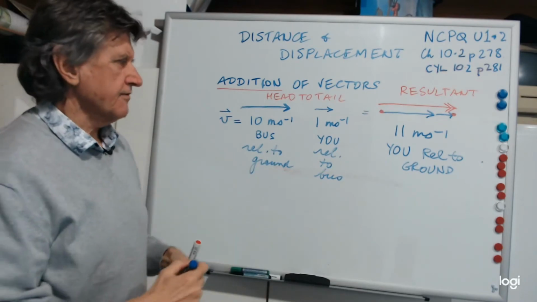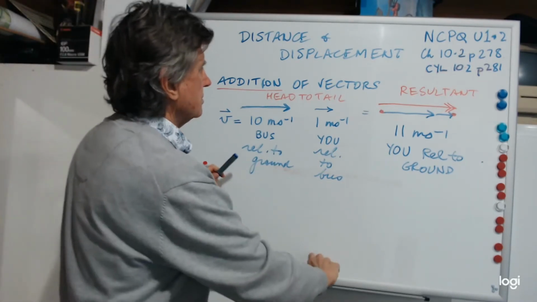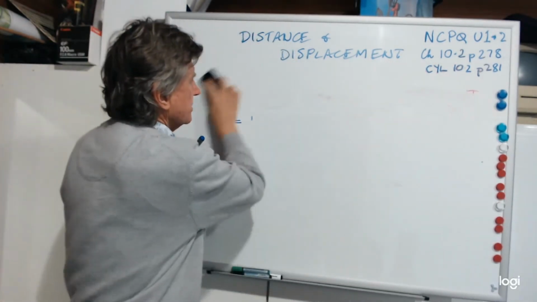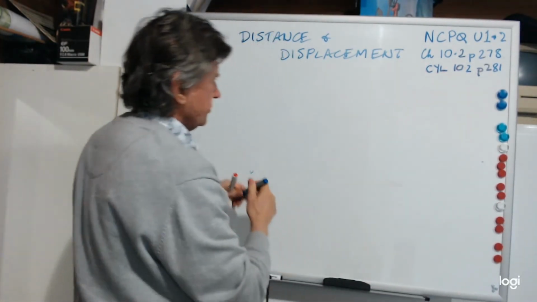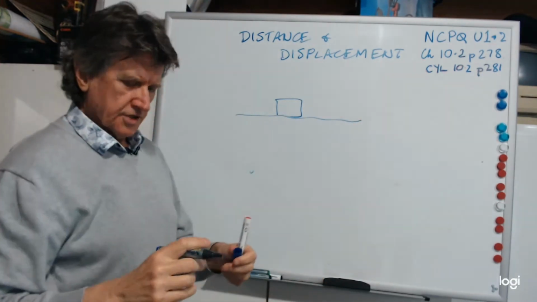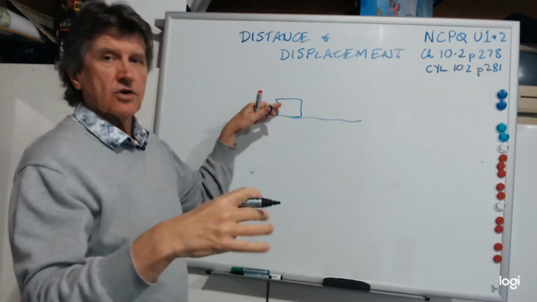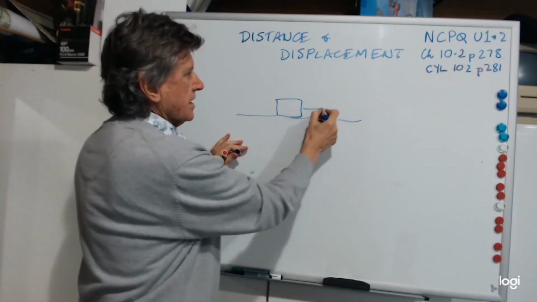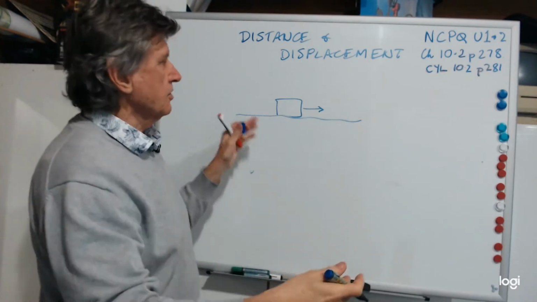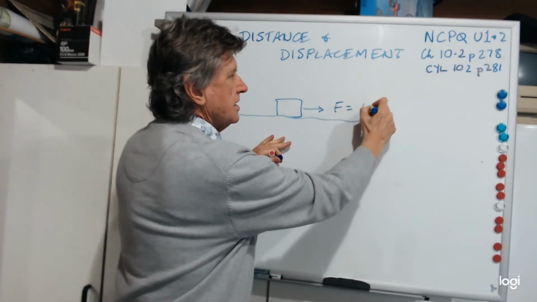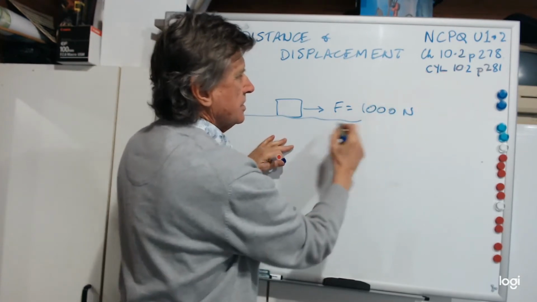Now say for instance, look, I'll get rid of this. I'll just give you another example. Say you had an object sitting on a table, such as a train or a block of wood, but we could be talking about a train on the ground. Let's say there's an engine pulling this carriage along, and it might be applying a force of say 1,000 newtons that way.